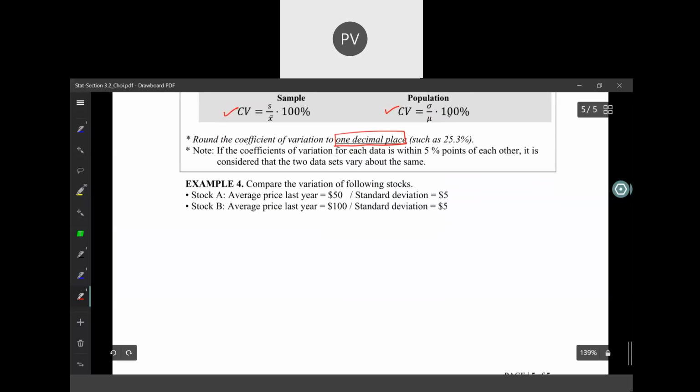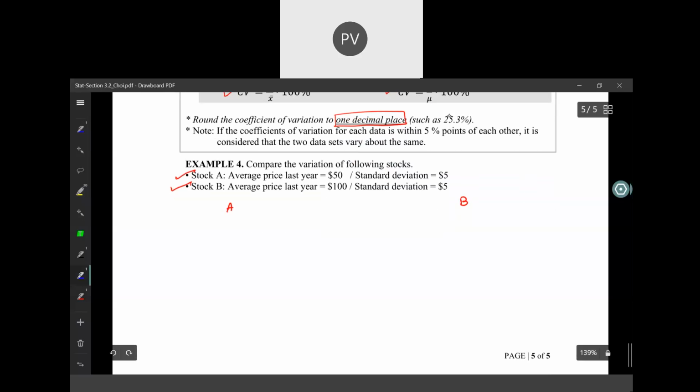Now that we have two groups, A and B. Here the average price is nothing but the mean. In group A, the mean X bar is $50.